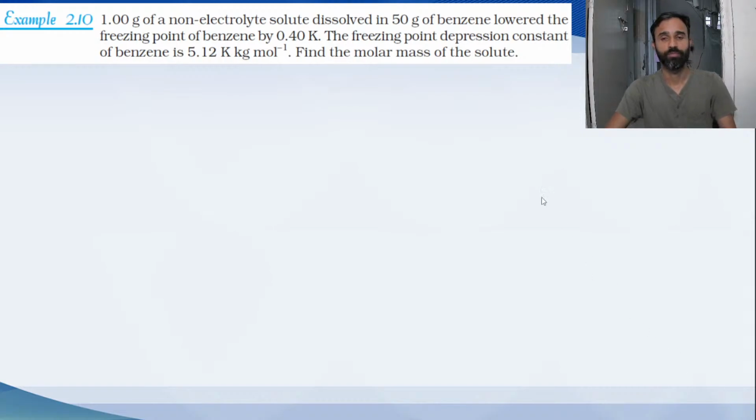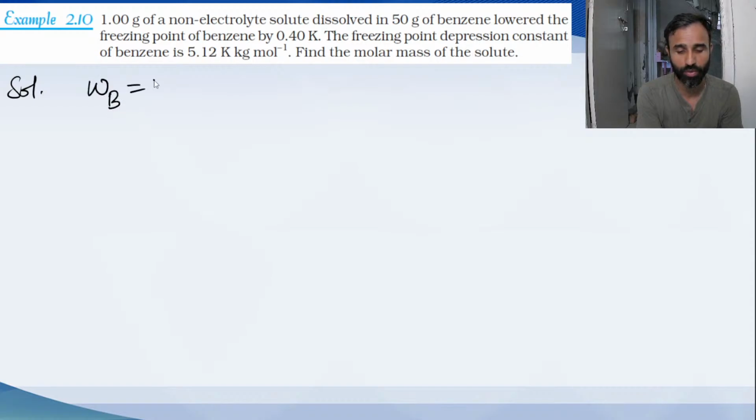Next question. 1.00 gram of a non-electrolyte solute. So again WB equal to 1.00 gram, dissolved in 50 gram of benzene.